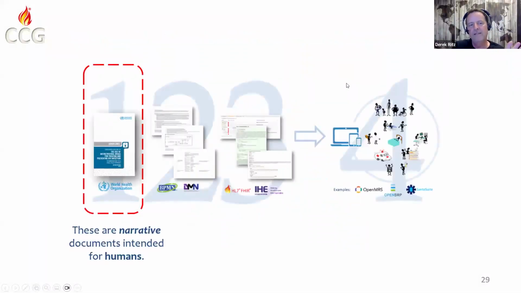So looking at this, here's an example. This is, in fact, the WHO's guidelines for HIV care and treatment. This is a narrative document. In fact, this is only one of them. I think there's a family of 2 or 3 of these documents. Each of them is about 200 pages long. They read like a Cochrane analysis. Trust me, if you've got insomnia, this is your cure. So that's level one.